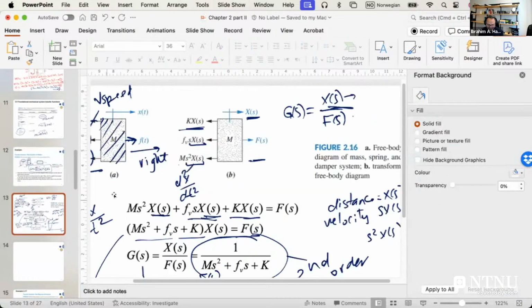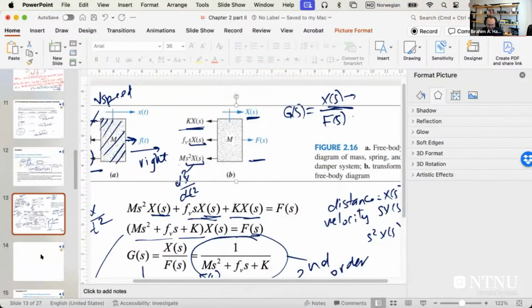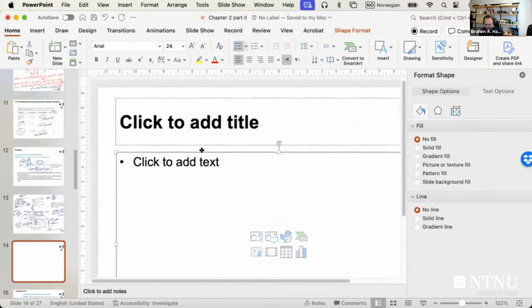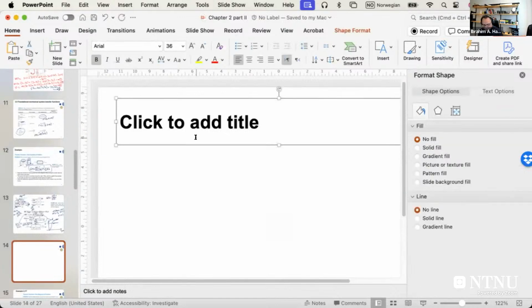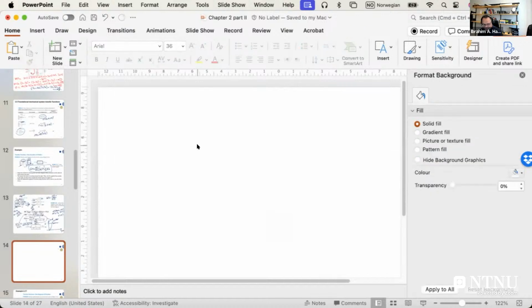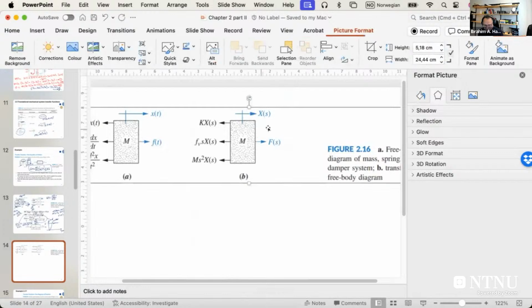Okay. I need to copy. Now this is a very large figure, so sorry for this, but we will try to make it smaller. So we can solve this example because it's very important. Yes, we will start with this one.